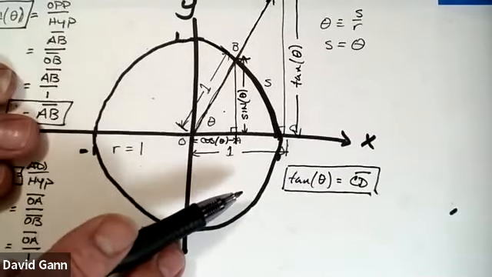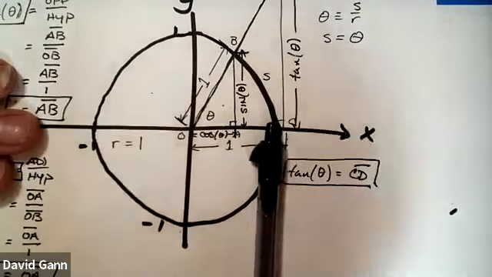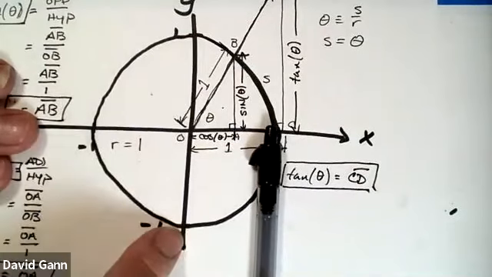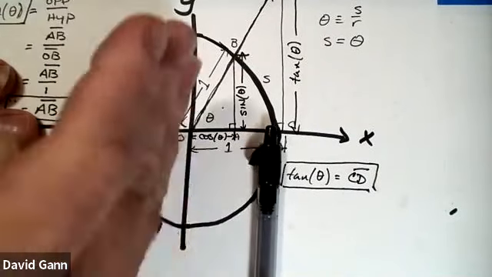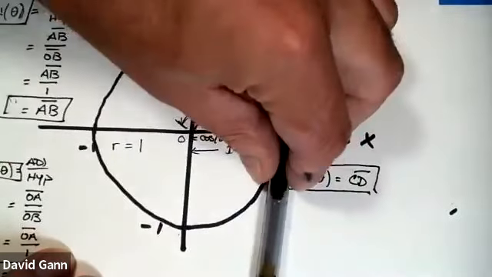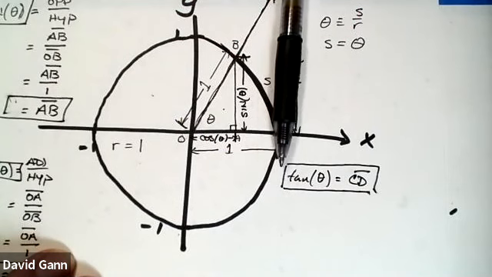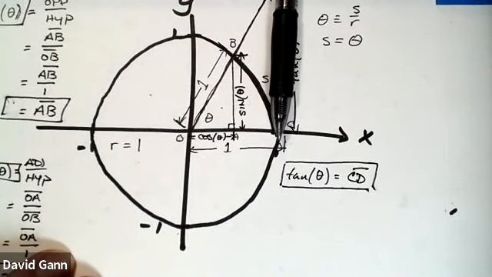Similar idea in quadrant 4, because it starts off kind of infinitely long once we cross 3 pi over 2. And then as the angle increases, it moves back towards a value of 0. So it's coming from a large negative value back to 0, which tells you that tangent, again, is increasing.